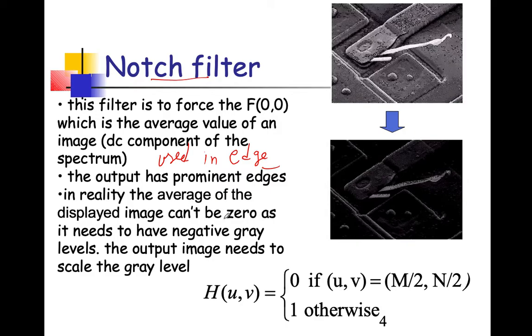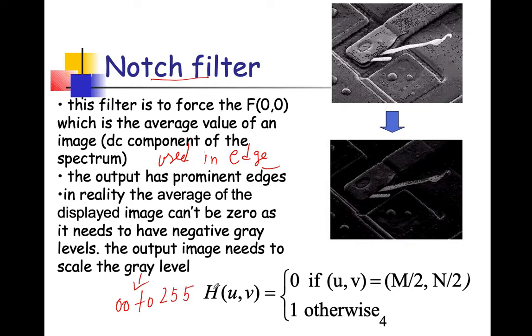It can't be 0, as it would lead to negative gray levels. So, the output image needs to be scaled to the gray levels. Always keep in mind the output image needs to be scaled to the gray level, and as we know the gray value ranges from 0 to 255.